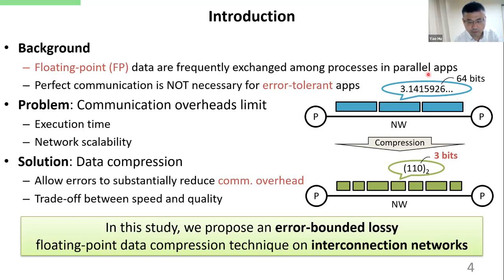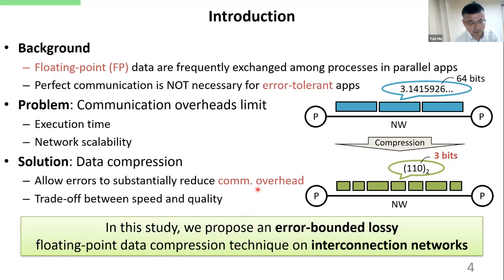For example, from 64-bit double precision values to shorter bit streams. And of course, there should be a trade-off between compression speed and quality. In this study, we propose an unbounded lossy floating point data compression technique on interconnection networks.